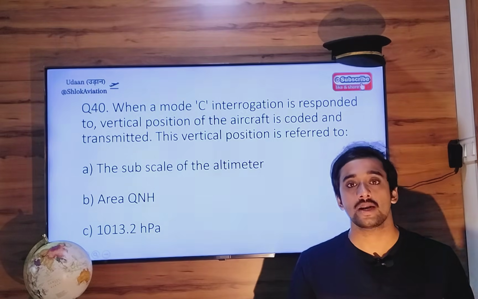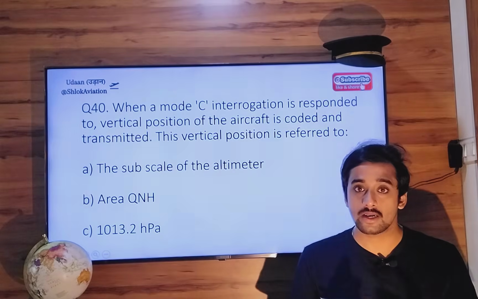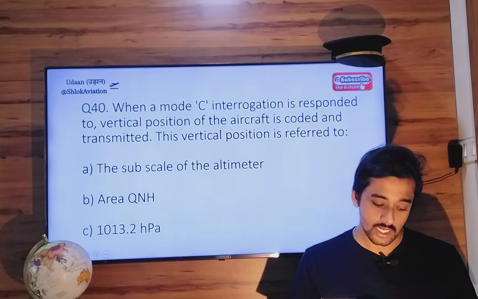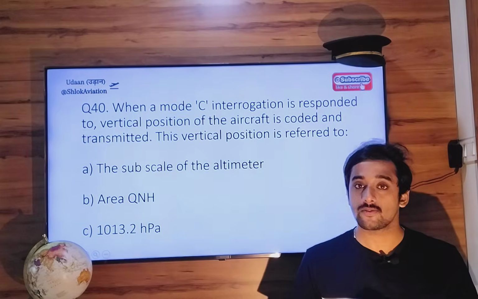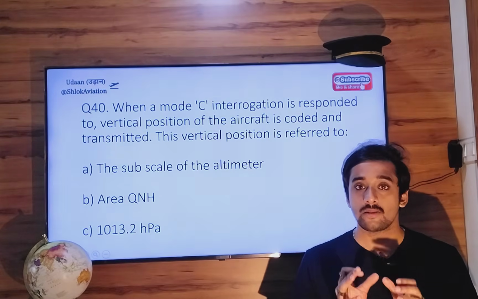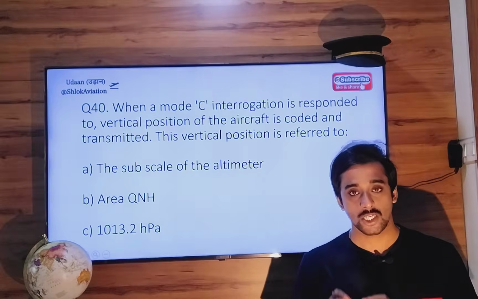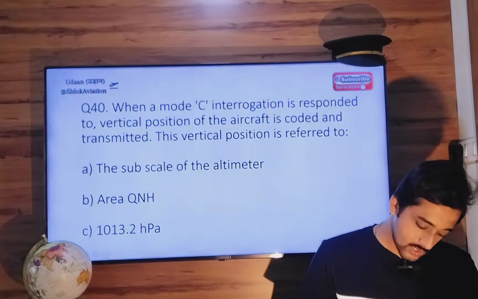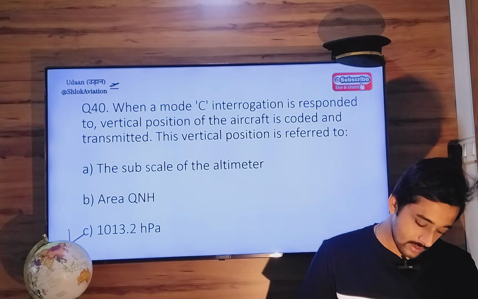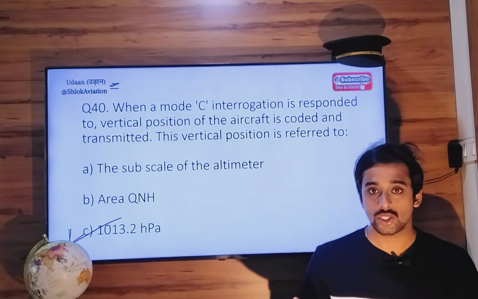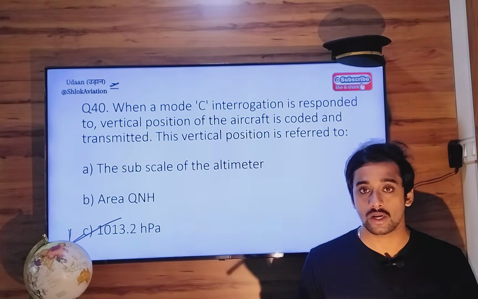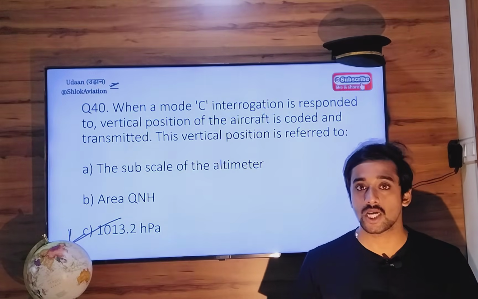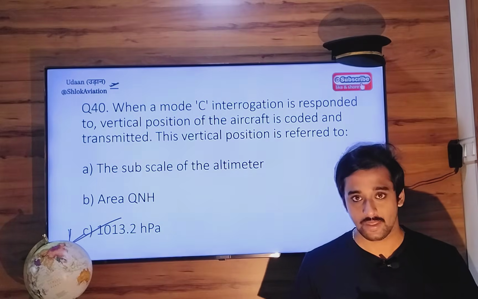Irrespective of the altimeter setting that you have set in your sensitive pressure altimeter, this mode C altitude capability will be with respect to the standard pressure setting 1013.25. So the correct answer is 1013.2. It's not QNH, it's not the QFE that you set in your altimeter. Irrespective of all that, it will always be with respect to the standard pressure setting 1013.